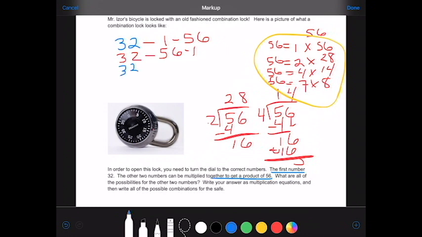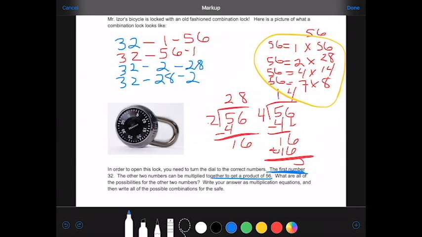Another one would be 32 and then 2 and then 28. And then you can change the order again, 28 and 2. The reason I'm not changing the order of the 32 is because it says it's the first number. So now I've done that one, right? So I can do 4 and 14 next.